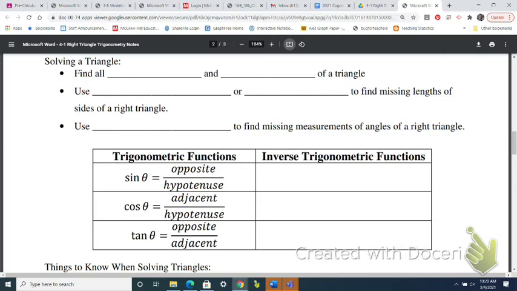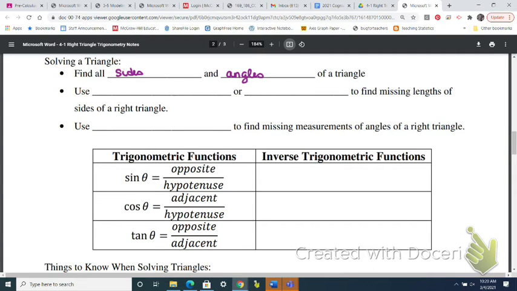So to solve a triangle, we are going to find all the sides and angles of the triangle. So if you're asked to solve a triangle, you need to find everything that is missing.